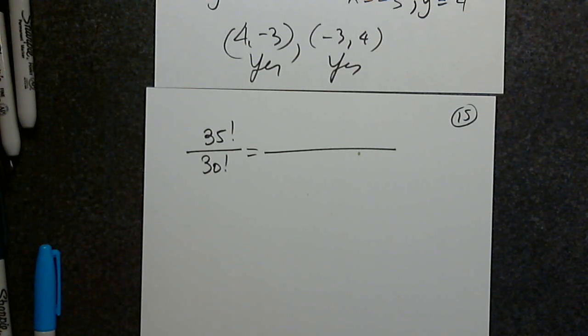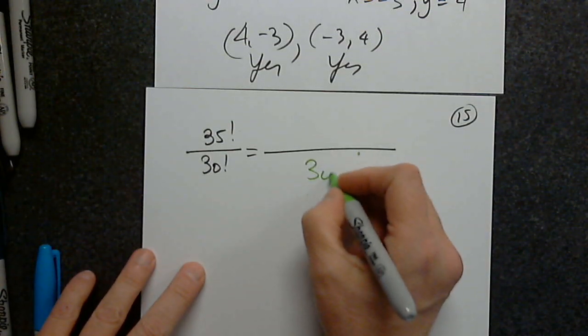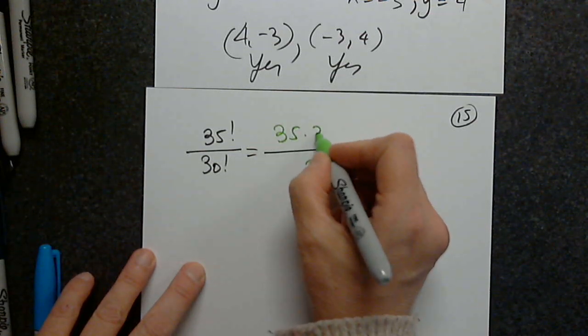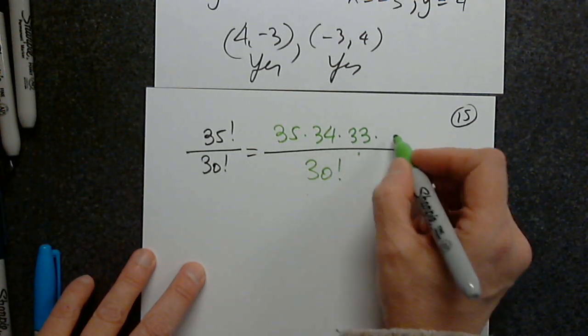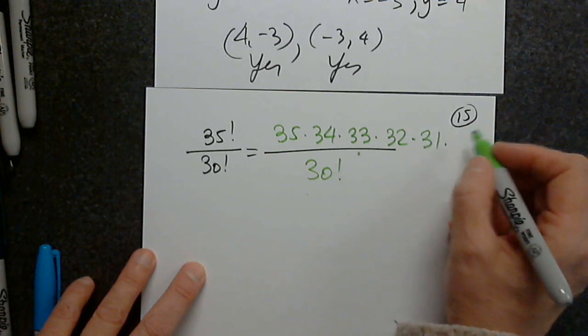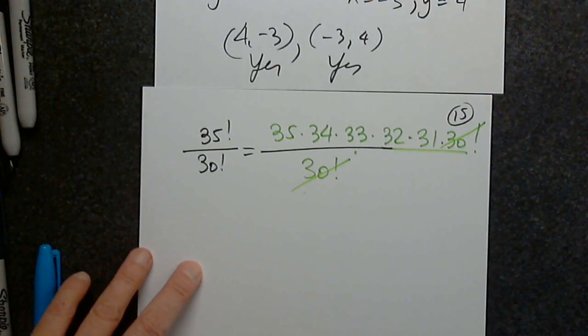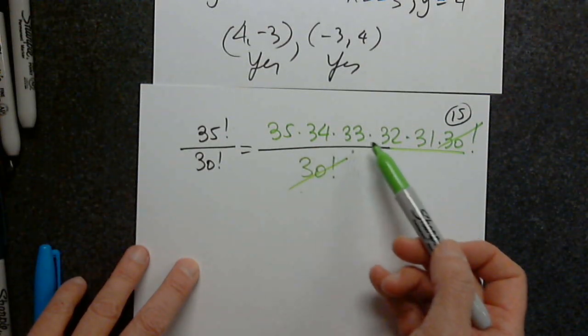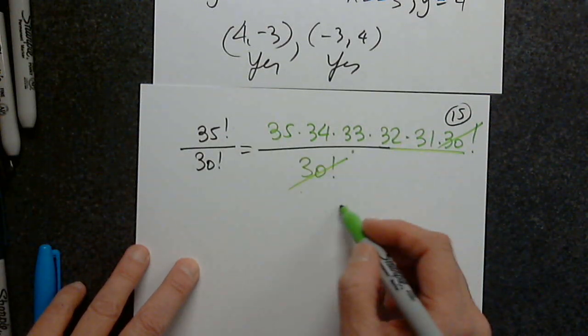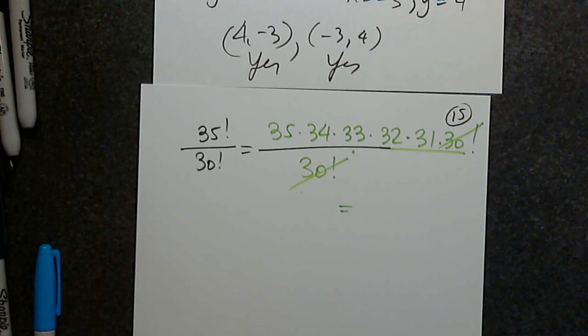And I know that the top is bigger than the denominator, so I'll leave the denominator alone, and I'll write 35, 34, 33, 32, 31, 30 factorial, and stop there because these two go away. So 5, 4, 3, 2, 1. So this is the number, which could be in the billions. I have no idea.